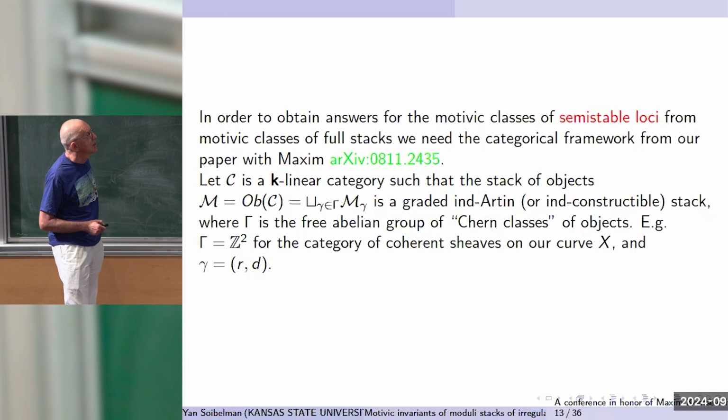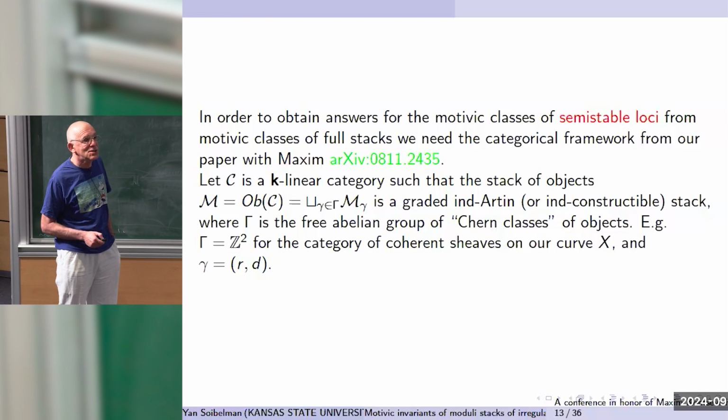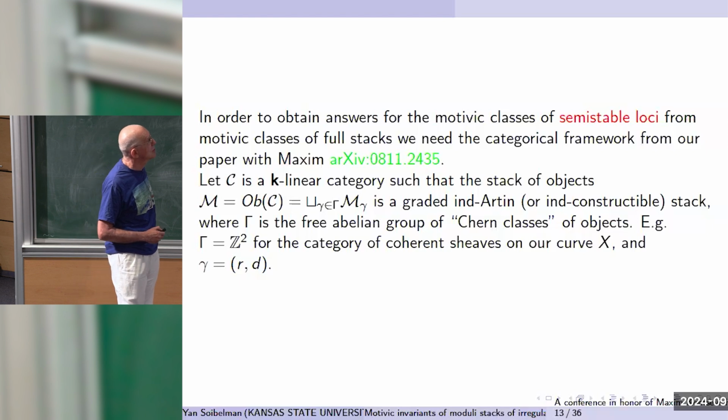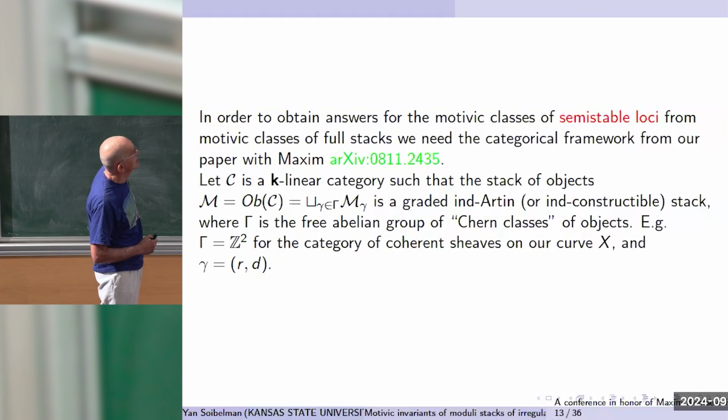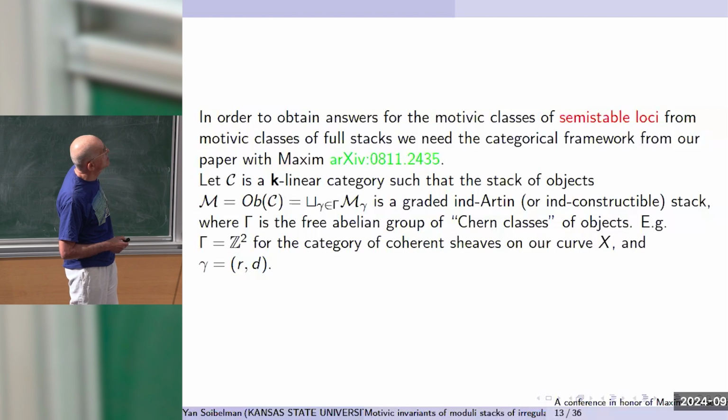Like, for example, you can consider the category of, I don't know, coherent sheaves on the curve. Then Gamma is generated by rank and degree, by this pair, so it's Z squared as a lattice. Inside sits a monoid corresponding to true objects. So this is a starting point.